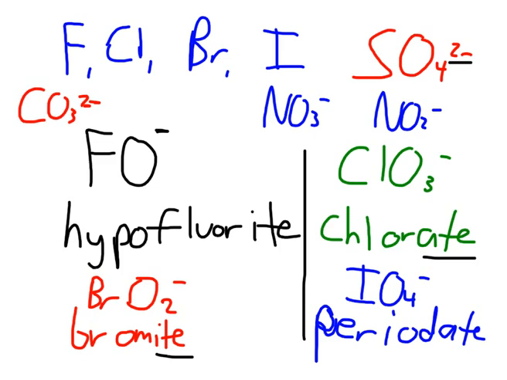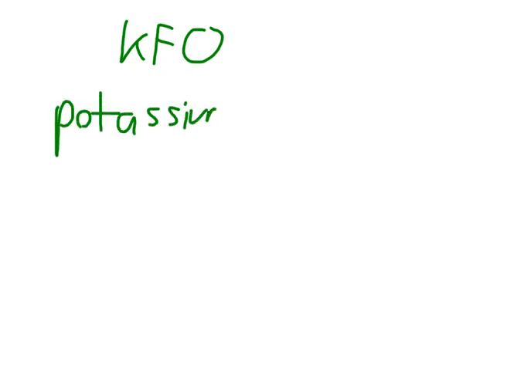Really only follow this for halogens, and if you want to consider it, nitrogen as well. So let's see a quick example of where these are seen in practice. Let's say I've got this compound. Well, that would simply just be potassium hypofluorite.